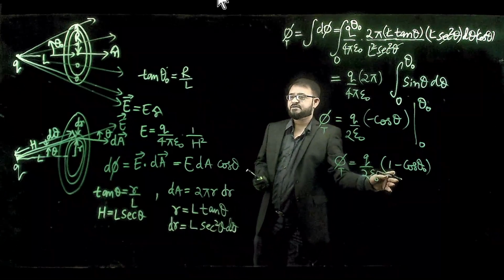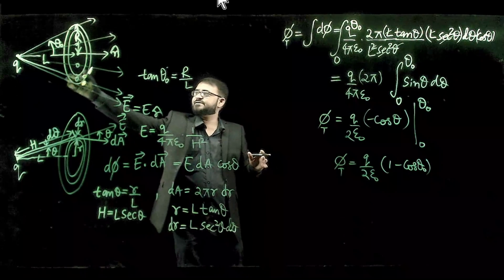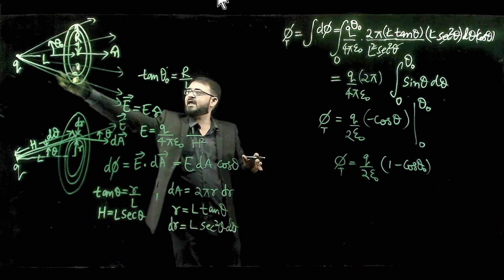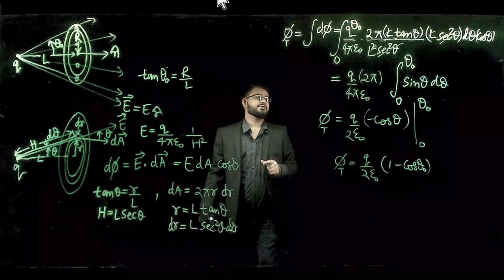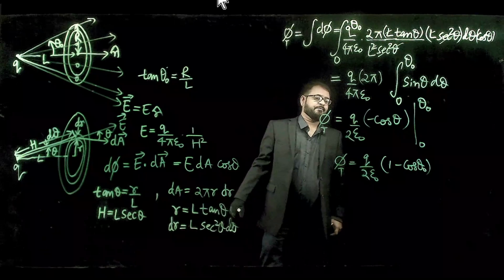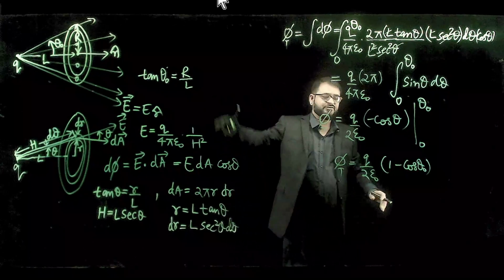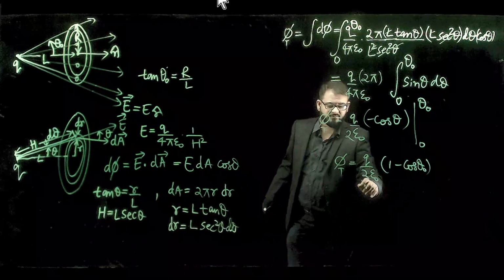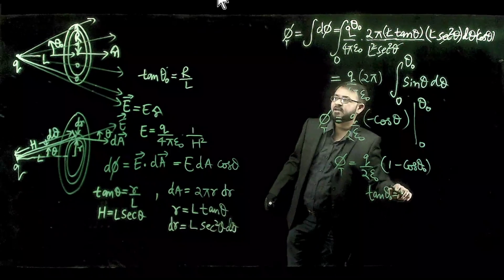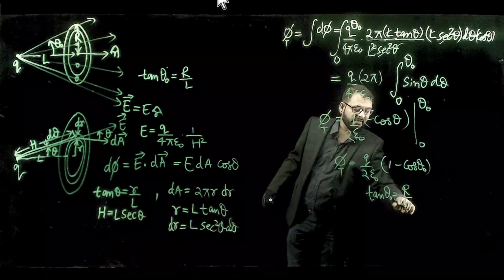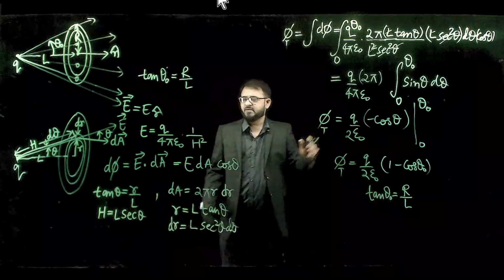This is exactly the flux through a disk which is kept at a distance L and is of radius R. Right? And we know the relation. Here we have the cos theta naught, but this tan theta naught is R by L. Okay, so we can substitute and write from that.